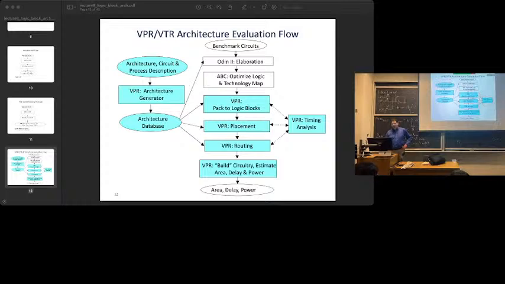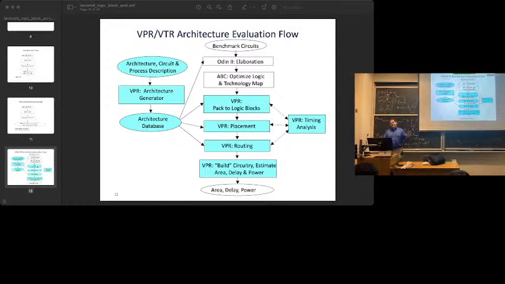So all of them are timing driven. Timing driven means each of these optimizers is estimating delay. The packer estimates it quite crudely because it doesn't know that much yet. The placer has a pretty good estimate, and the router has a very good estimate of delay. They ask an algorithm called a timing analyzer that goes through the circuit finding the speed limiting paths, the longest paths between flip-flops.